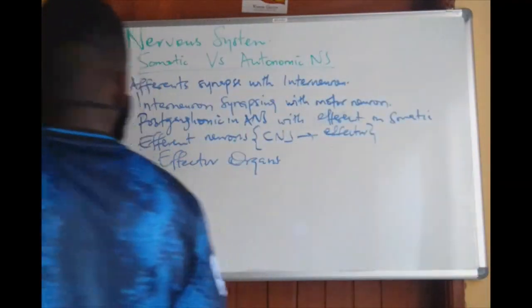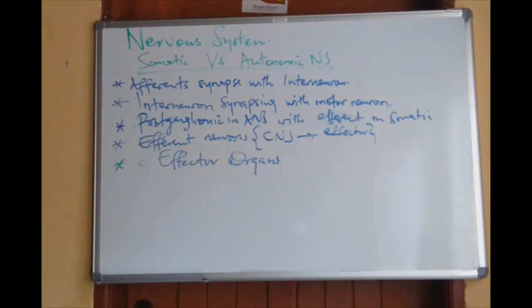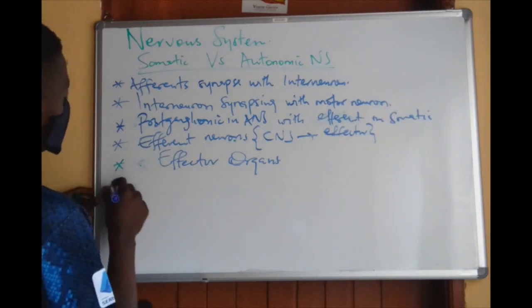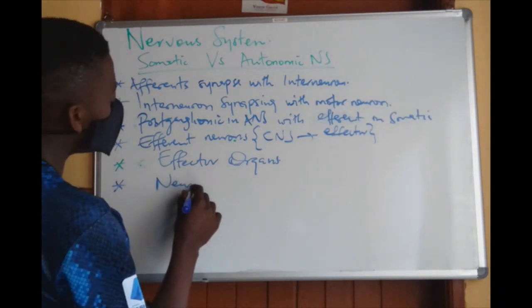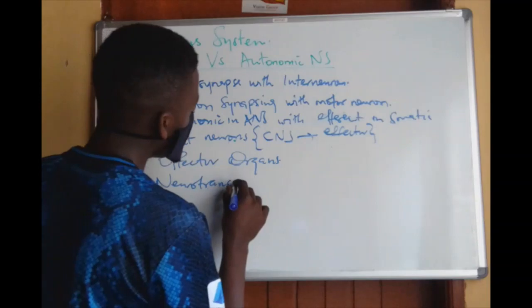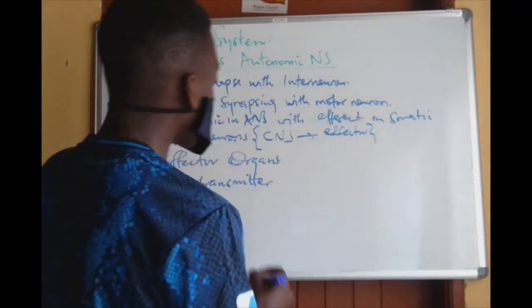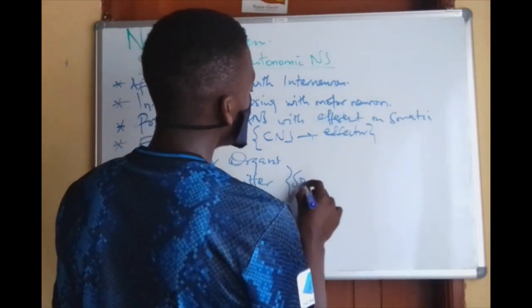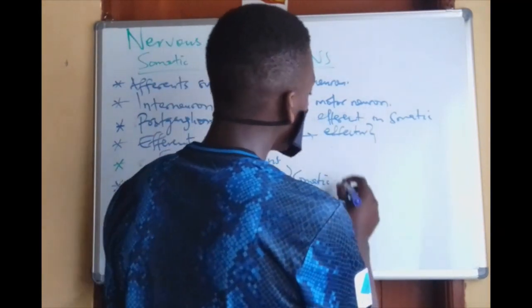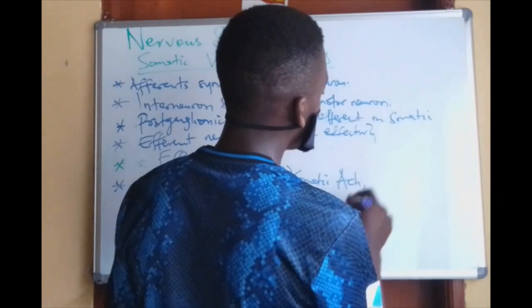The next difference we can talk about is the neurotransmitter. You see, this neurotransmitter is different. In somatic, for instance, the neurotransmitter is one, and that is acetylcholine.